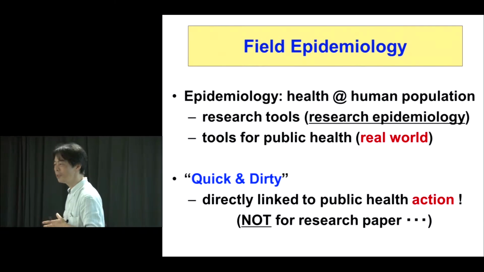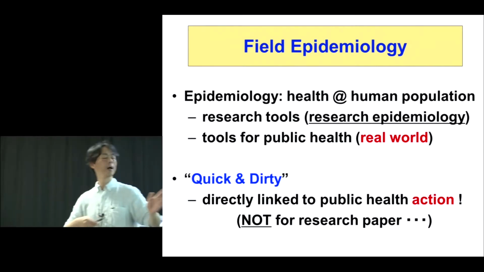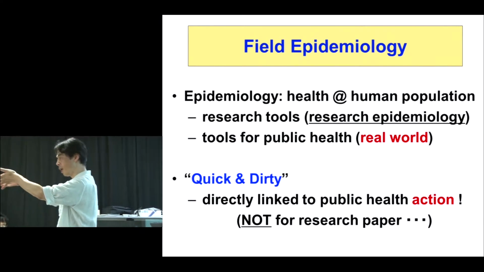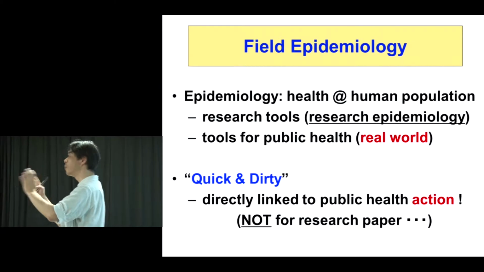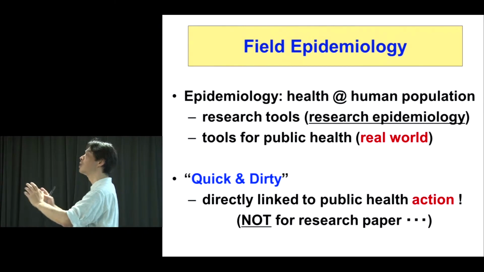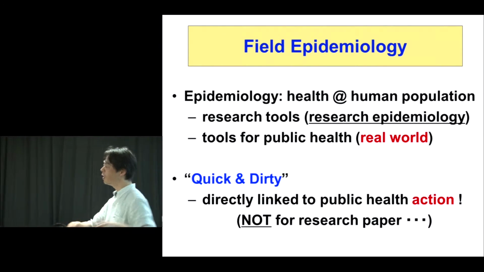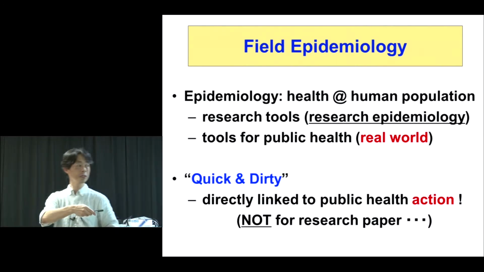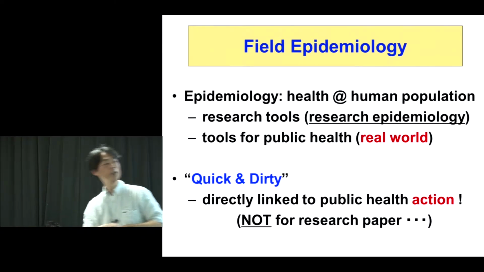The final outcome of research epidemiologists is something like writing a paper, publishing articles. However, for field epidemiologists, our final outcome is control of the risk, risk management in front of ourselves, and for example, policy change or whatever. Dealing with the risk in front of us is the goal of field epidemiologists, which is why it's often called quick and dirty.